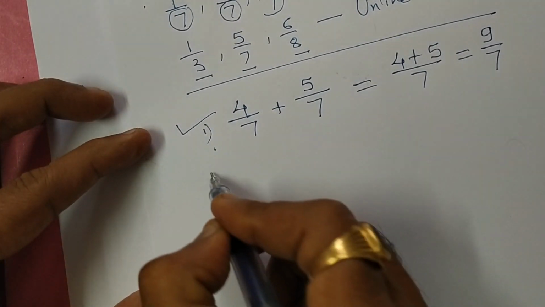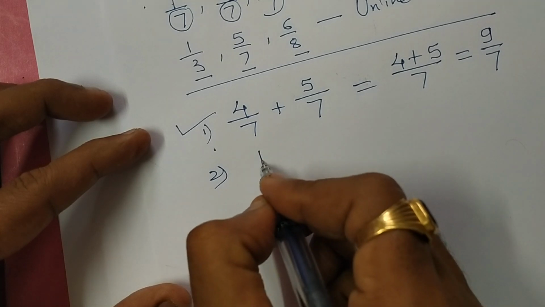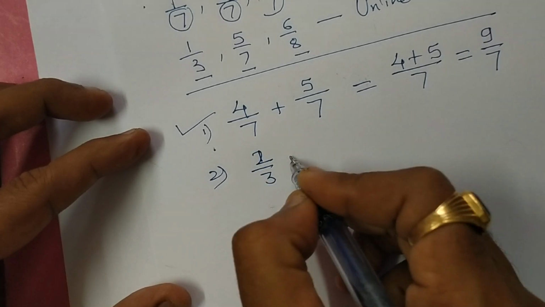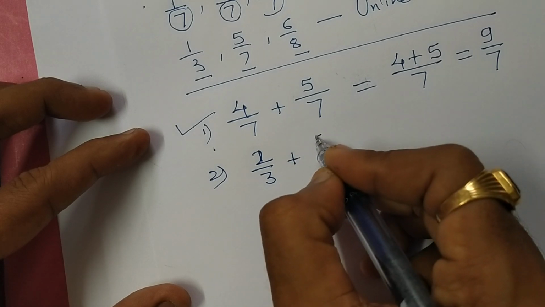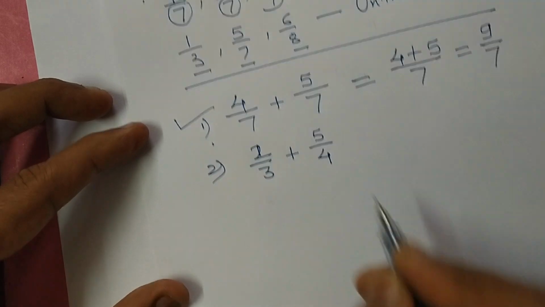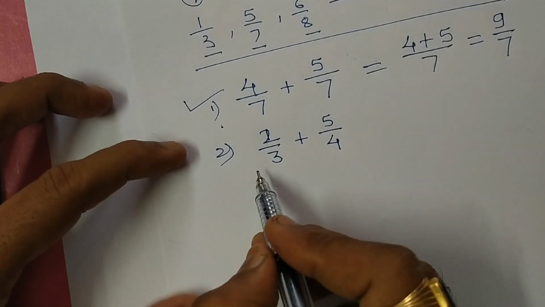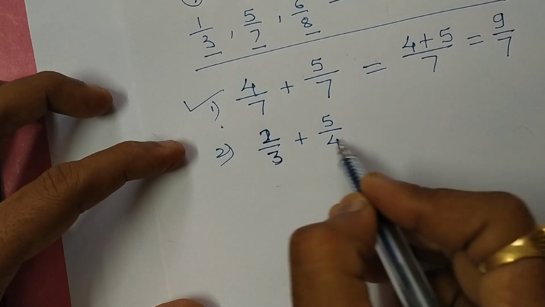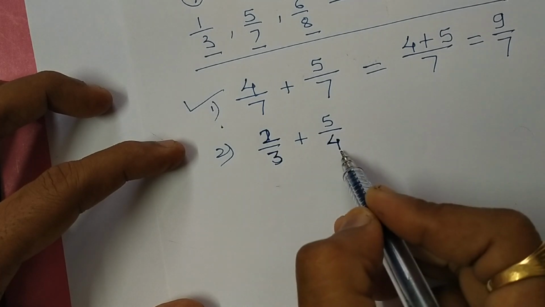See here, suppose we take 2 upon 3 plus 5 upon 4. Now if you look at this, the denominators of these fractions are not the same, that is 3 and 4.